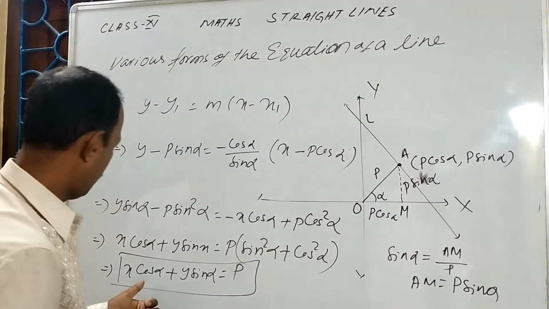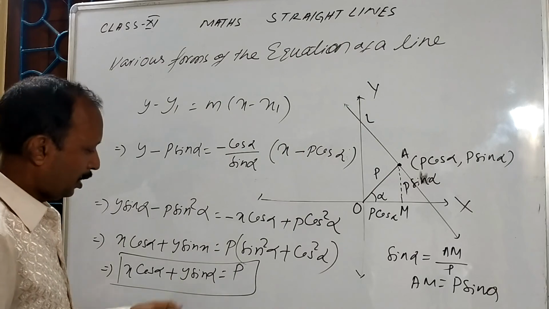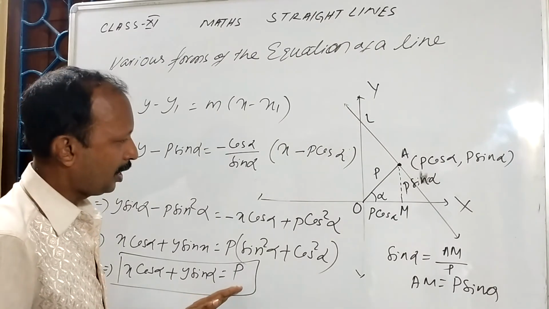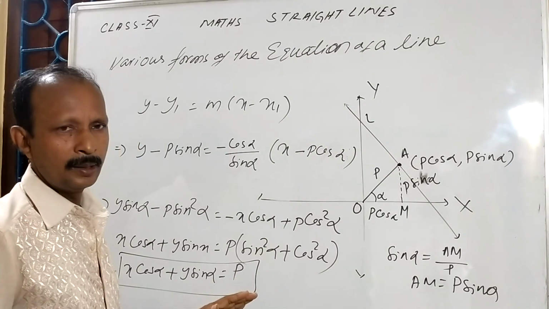So this is x cos alpha plus y sin alpha is equal to P.